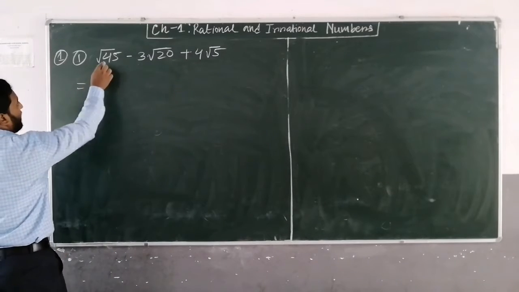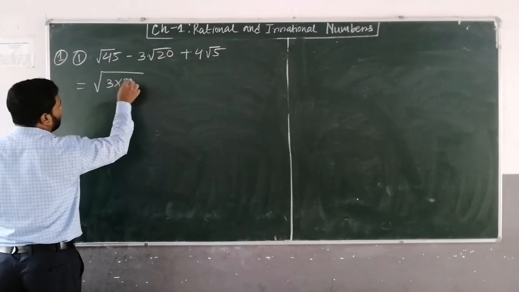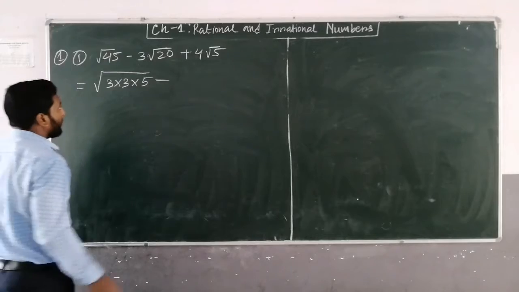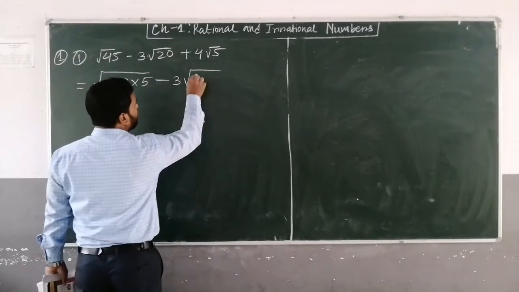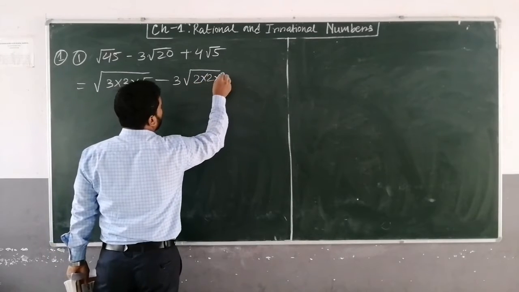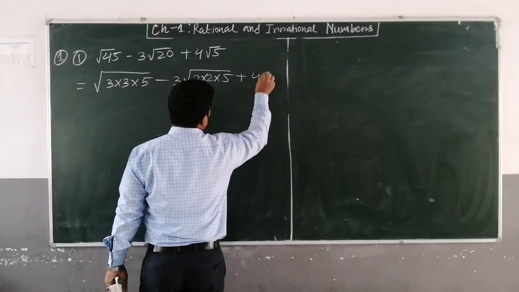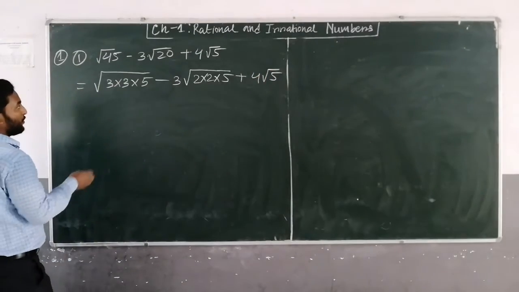So this under root 45 can be written as 3 into 3 into 5, minus 3 and 20 can be written as 2 into 2 into 5, and this is 4 under root 5, which can't be reduced, so keep 4 root 5.